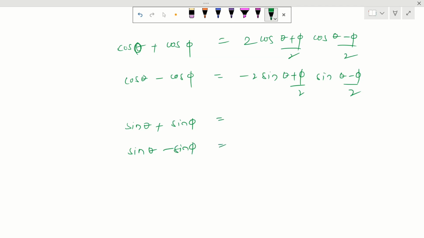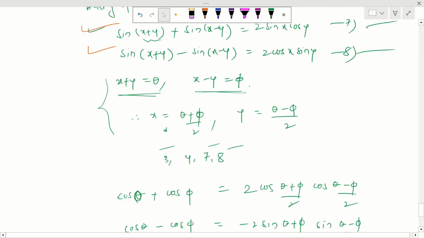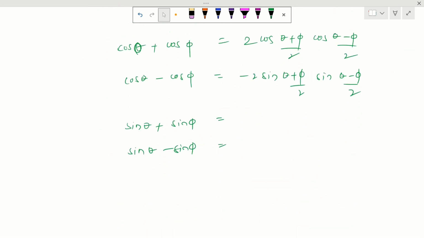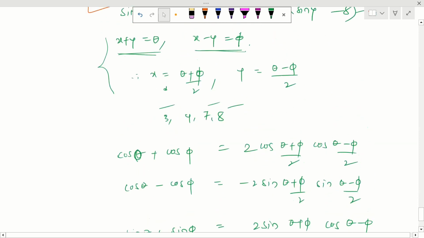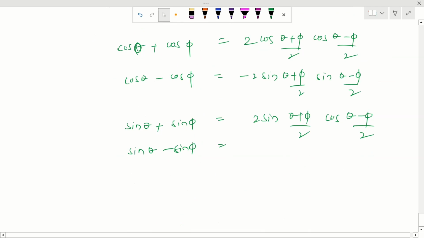The seventh becomes 2 sin x cos y, where x is theta plus pi divided by 2 and y is theta minus pi by 2. The eighth equation is 2 cos x sin y: the first term is cos of theta plus pi divided by 2, the second term is sin of theta minus pi by 2.